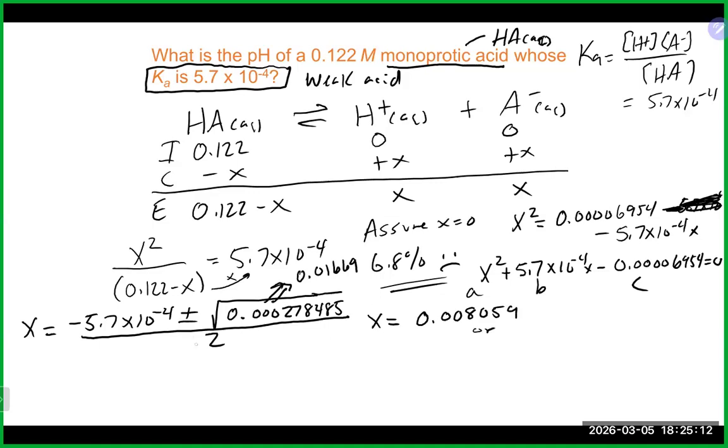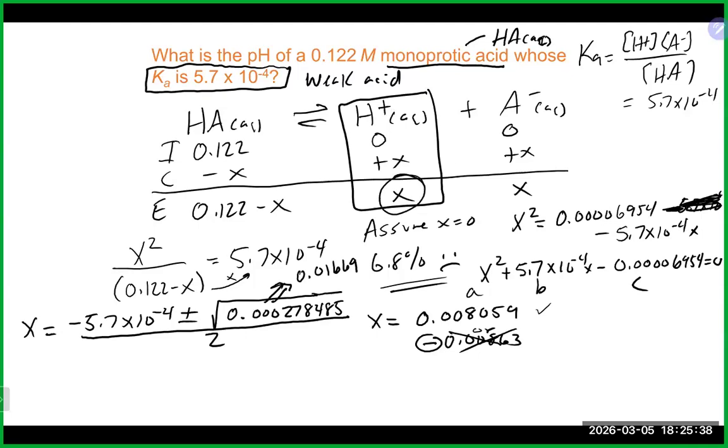Going our subtraction root, we're going to get a number that's not going to be very good for us because clearly it is negative, and we're interested in the H plus, which is X, and it cannot be negative, right? So clearly this is not going to be the right one. This then would be the correct X value for us. And for the pH, that is essentially what we need to calculate.